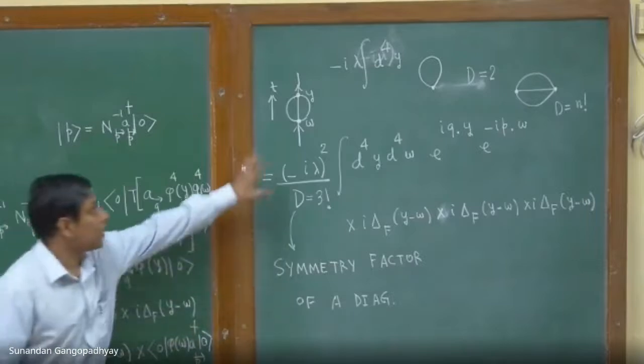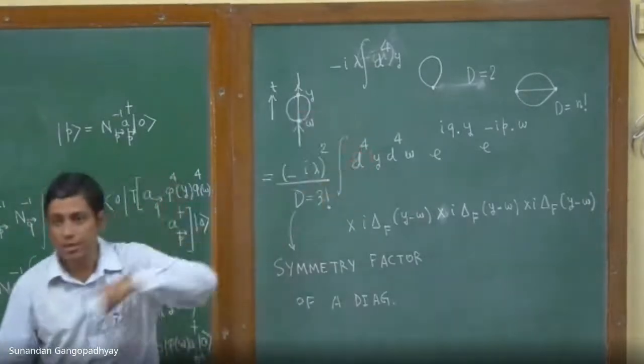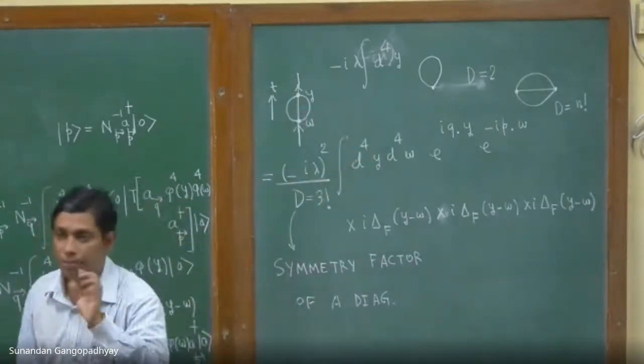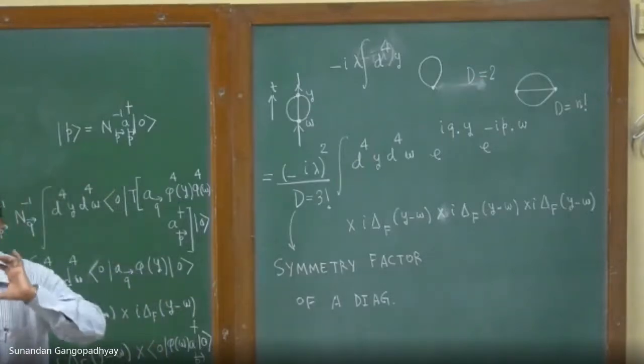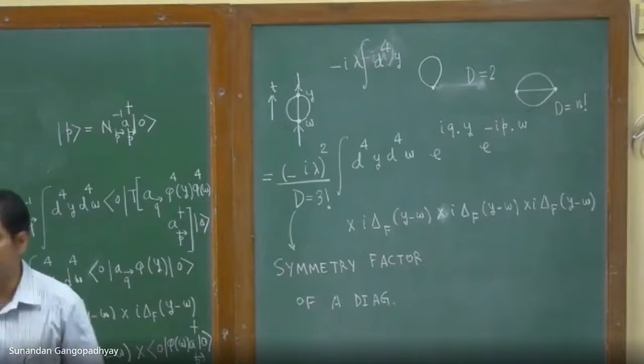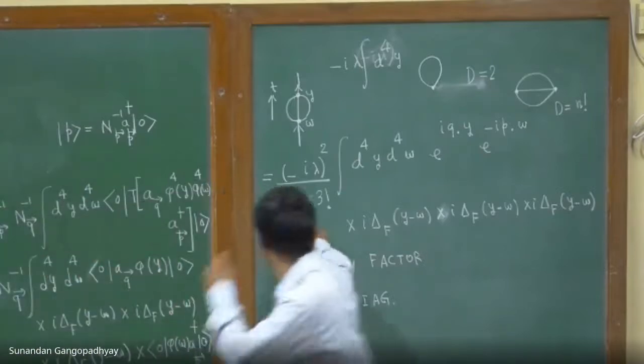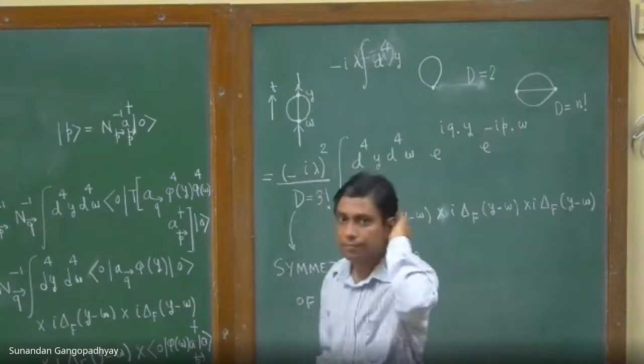So in this case, for the Saturn diagram, since there are 3 internal lines of propagators joining these 2 vertices, it will give you a factor of 3 factorial, which is 6. So you need to divide this thing by 6.